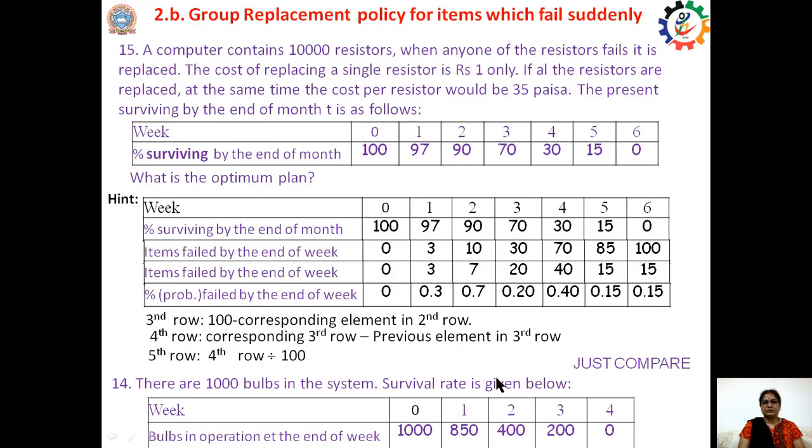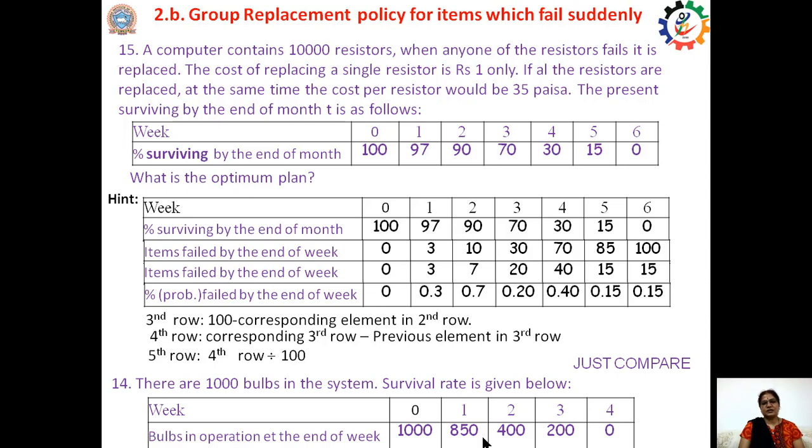Now here, just compare these two problems. In this problem, 10,000 bulbs are given, and the data is based on 100. For this data, 100 is the base. Here 1000 bulbs are given. For the given data, once again 1000 is the base.